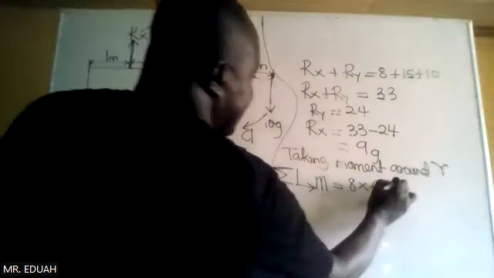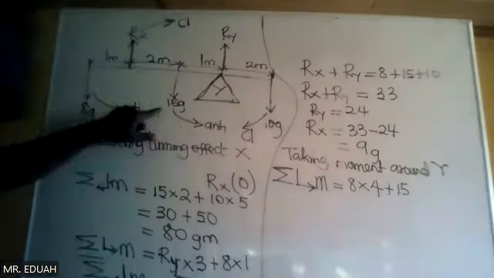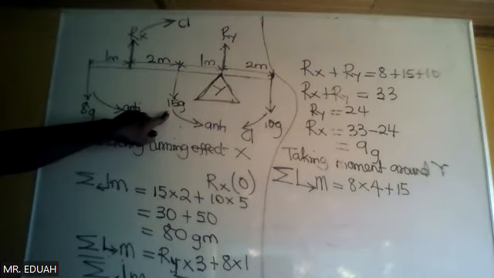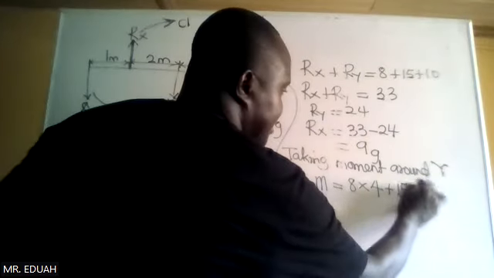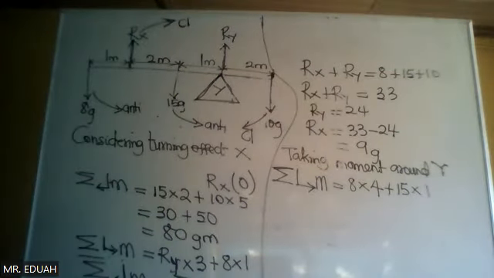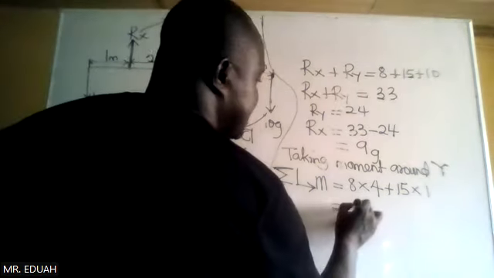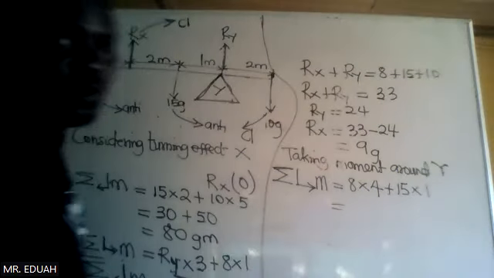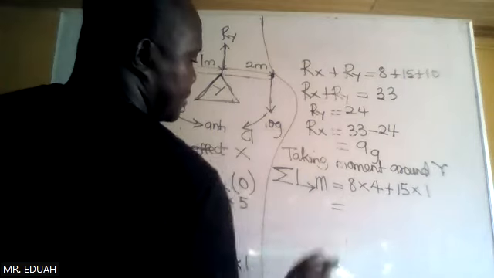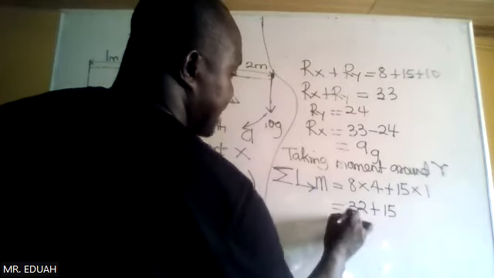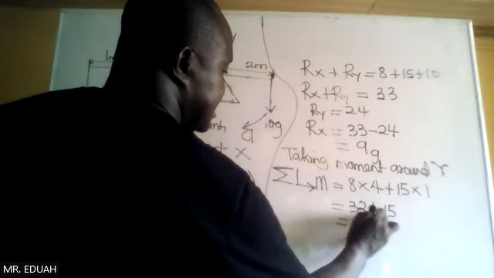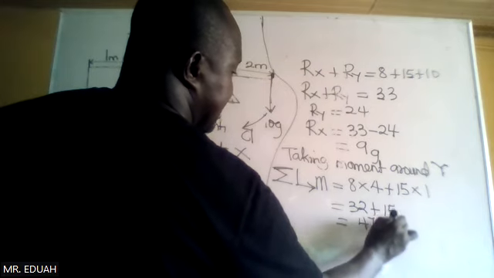Plus 15 times 1. These are the only anti-clockwise moments we have. So let's sum them up. 8 by 4 is 32. 32 plus 15, summing up to 47 gram meter.